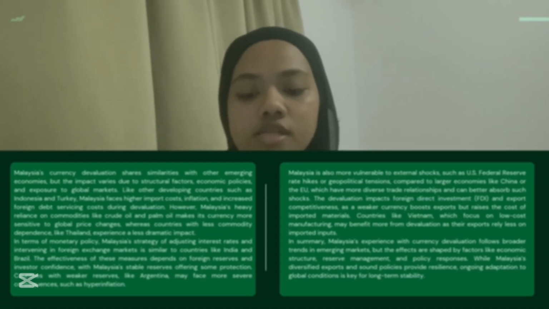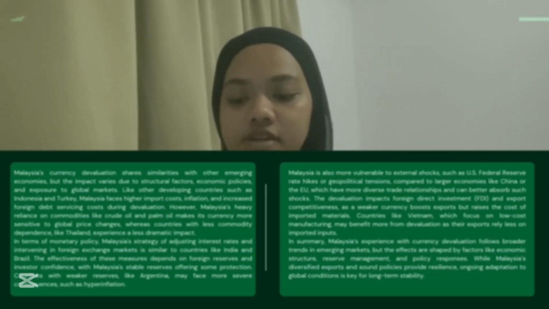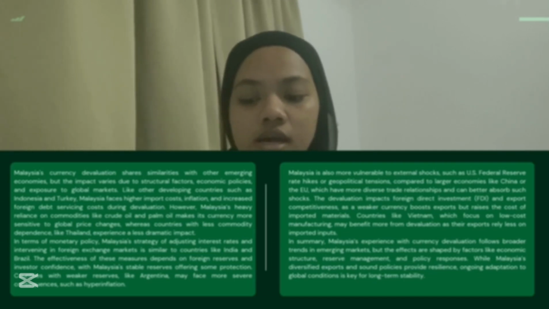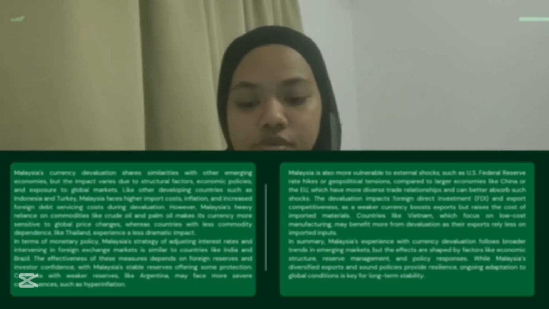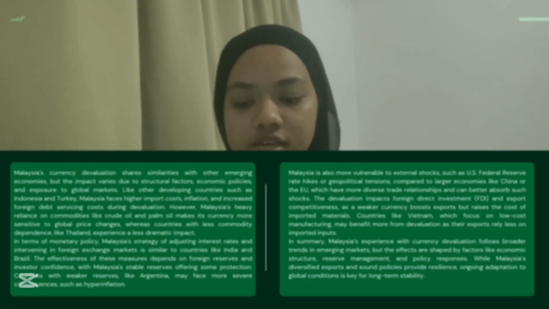In terms of monetary policy, Malaysia's strategy of adjusting interest rates and intervening in the foreign exchange market is similar to countries like India and Brazil. The effectiveness of these measures depends on foreign reserves and investor confidence, with Malaysia's stable reserves offering some protection.